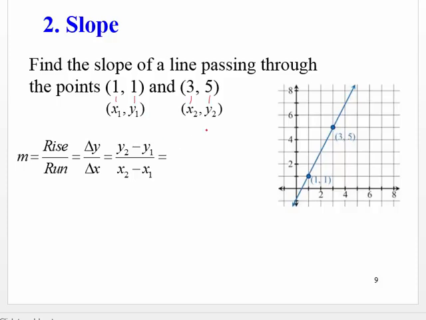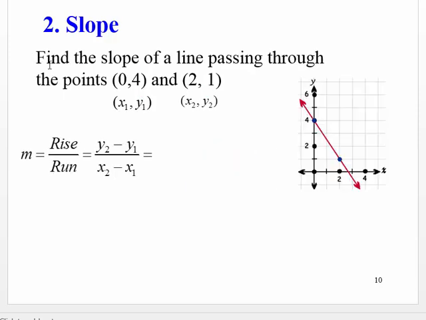Okay, so we can plug those in. y2 is 5 minus 1, divided by x2 is 3 minus 1. So that's going to be equal to 4 over 2, and the slope is 2. Okay, so what is the slope? We go over 1, we go up 2, over 1, up 2, over 1, up 2, and it'll just keep going. Every time we change x by 1, y goes up by 2.